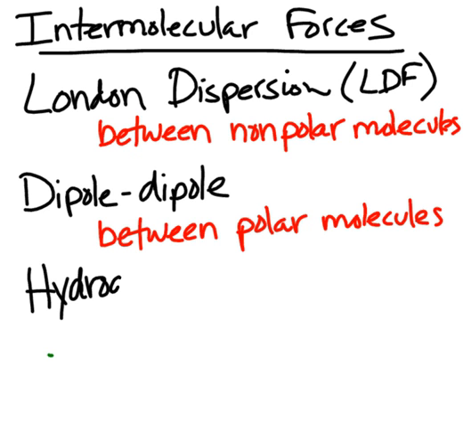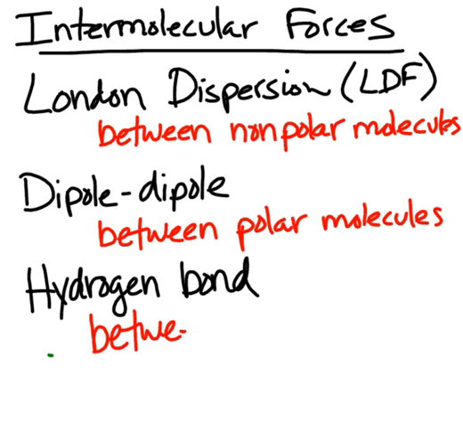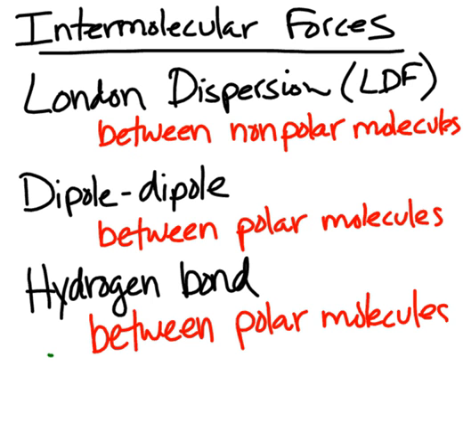All right. Now the last type is, in truth, a dipole-dipole, but it's a special type of dipole, and they're called hydrogen bonds. Like I said, it's kind of confusing considering they're not bonds, but I'm calling it a hydrogen bond. Okay. This is going to be between polar molecules, but they have a distinct characteristic.